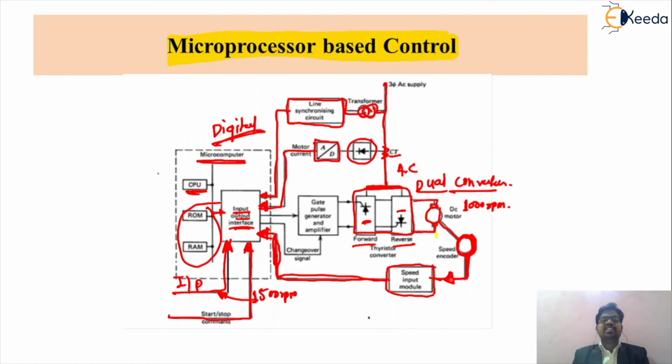As we have seen, the purpose of the input module is that the microprocessor is basically a digital device, so it can understand only the digital language. The speed input module converts the input quantity of your speed into a digital signal.